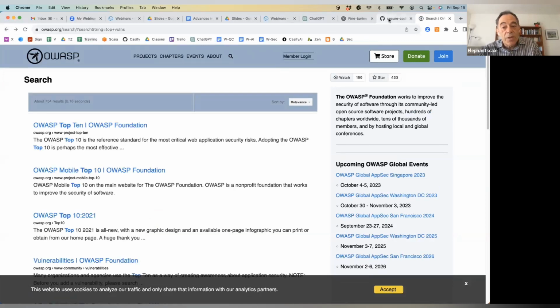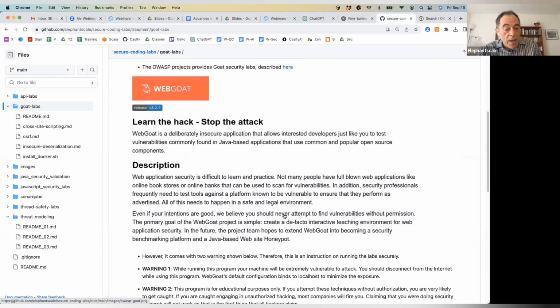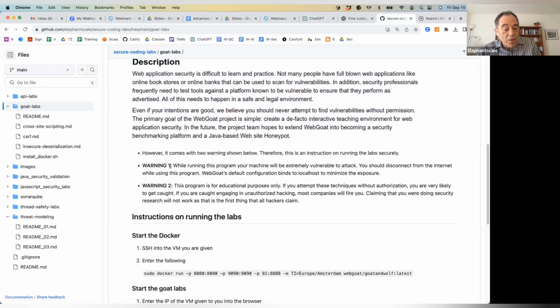So we go back to the labs, and we see those Gold Labs here, and they give you something that's very dangerous. They tell you many times, look, while you're running those labs, you are open to every attack. So don't run it.